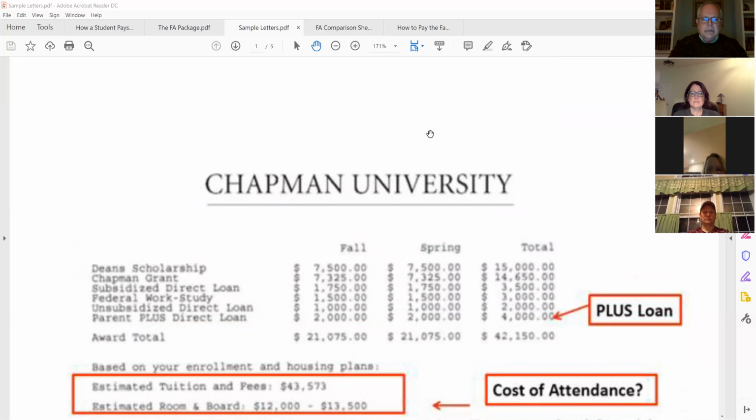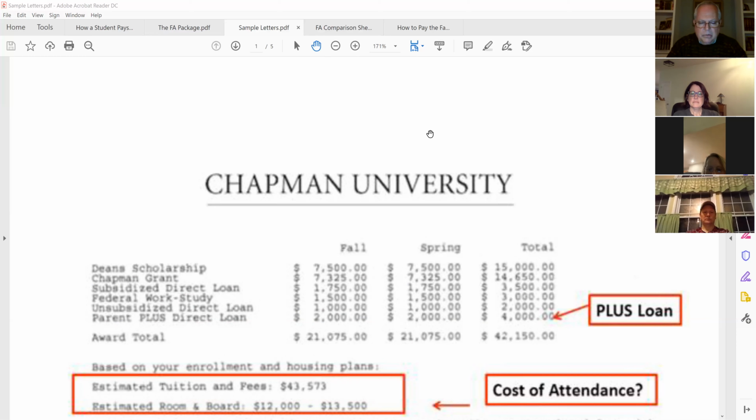So we've looked at four different letters, all different shapes and sizes and formats. But I think there's some common thread there, right? Is that you need to be able to compare the free stuff against the loan or the gift or the self-help, work study and loans, and be able to separate out the parent loan from those numbers so that you see exactly what the student themselves are being offered.